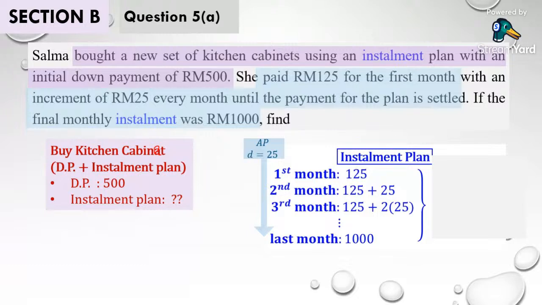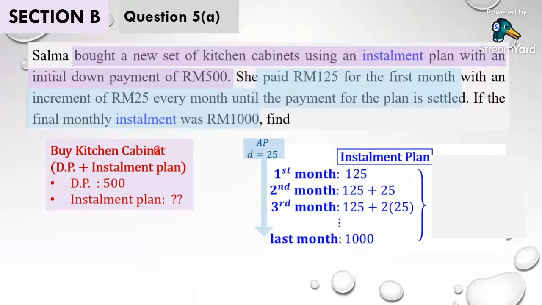Now, if you're able to identify this is a case of arithmetic progression, then you need to determine which one is your T1. You determine first what d is or what r is, then we consider where our T1 is.